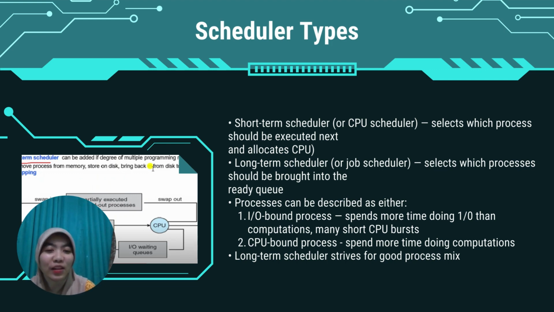The medium-term scheduler helps maintain a balance between memory utilization and system responsiveness. For example, when a process in memory has been idle for a long time or needs to be suspended to prioritize other processes, the medium-term scheduler decides to swap it out of memory and onto disk.